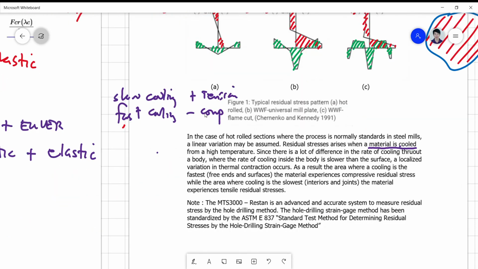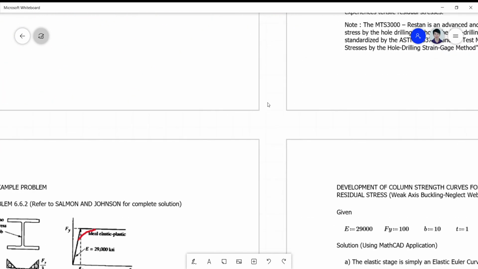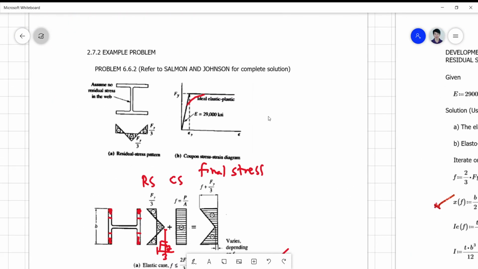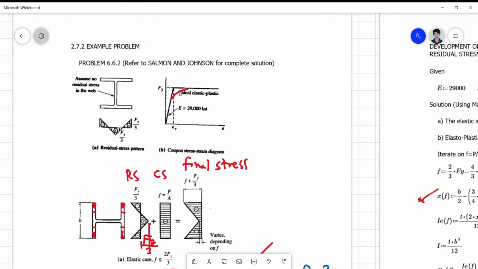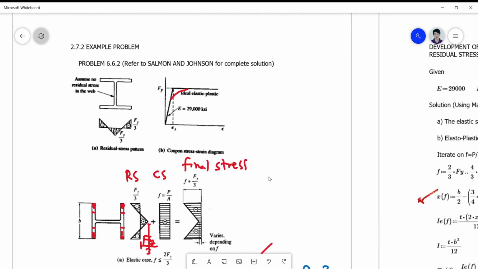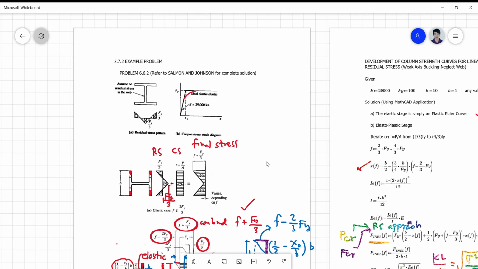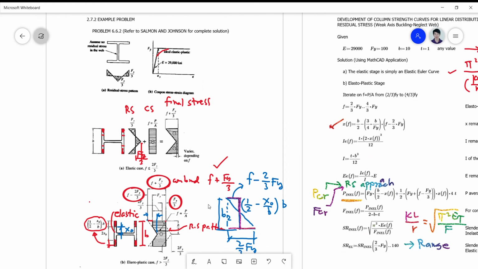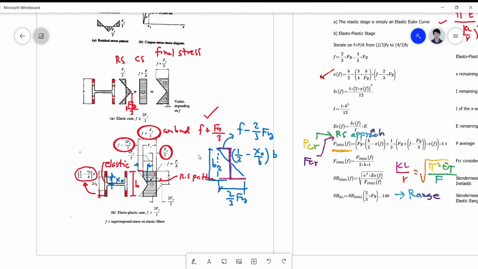Okay, so for the example below, I want you to refer to Salmon and Johnson for the complete solution, because it was explained there very well, using a manual calculation.